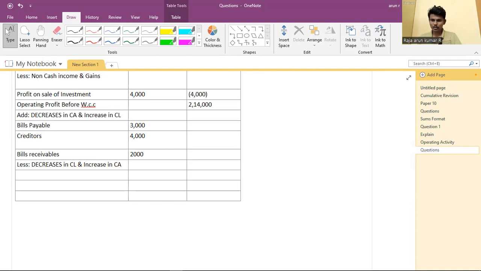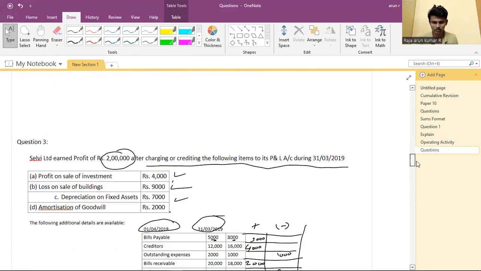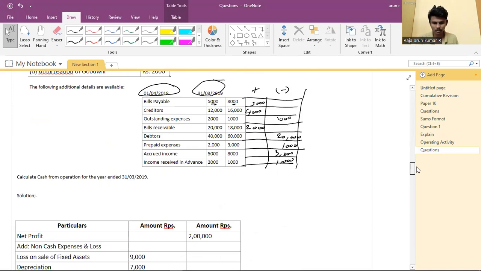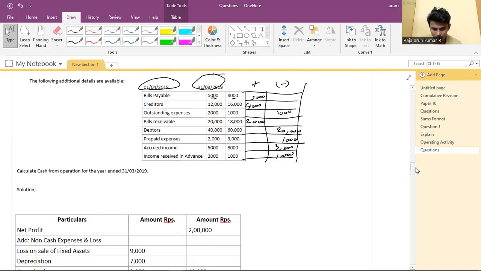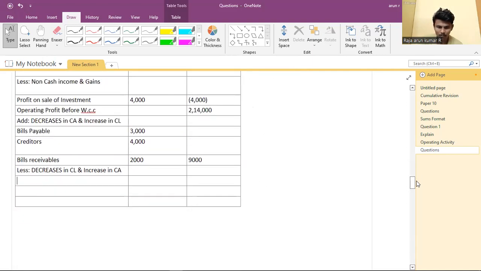Totally 9,000: 3, 4, 7, 7 plus 2, 9,000. Then less outstanding and outstanding debtors, prepaid expenses, accrued income, and income received in advance.